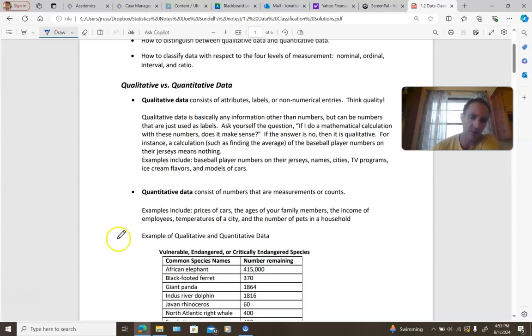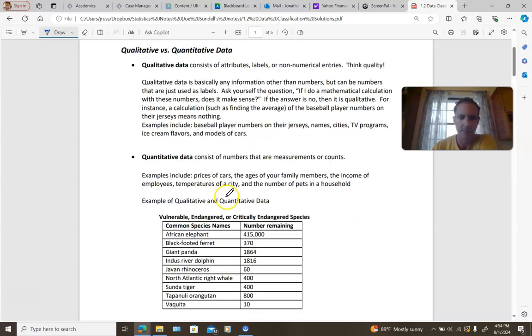Here are some examples: the prices of cars, the ages of your family members, the income of employees, temperatures of a city, the number of pets in a household. So this is all numerical data. Furthermore, with a lot of this data we can do some mathematical computation and have those results make sense or be meaningful. We'll talk more about this in a minute.